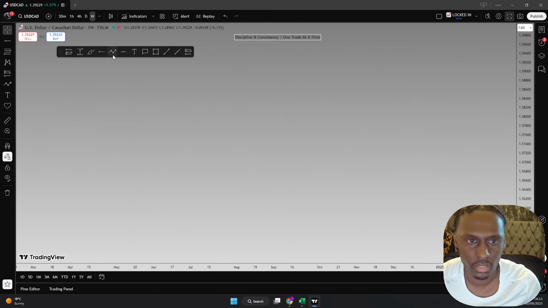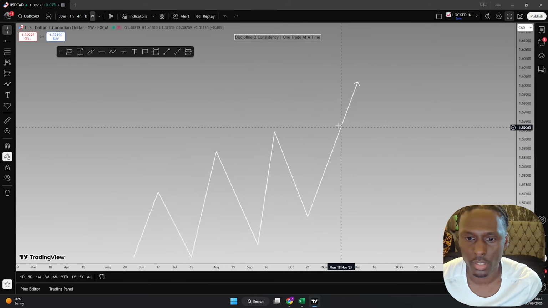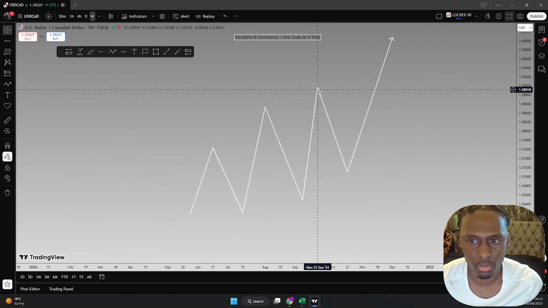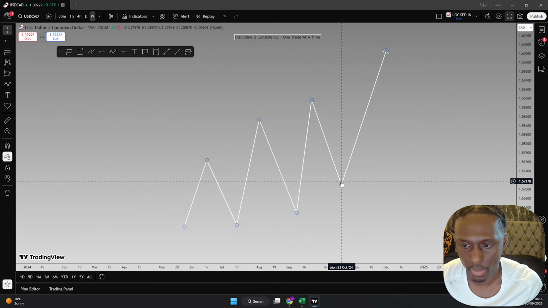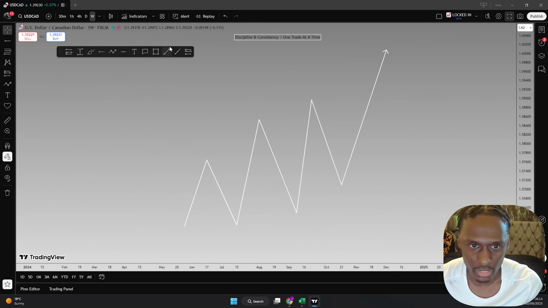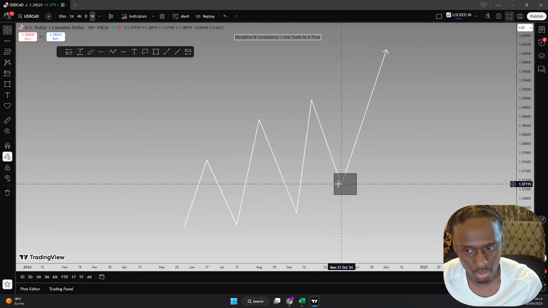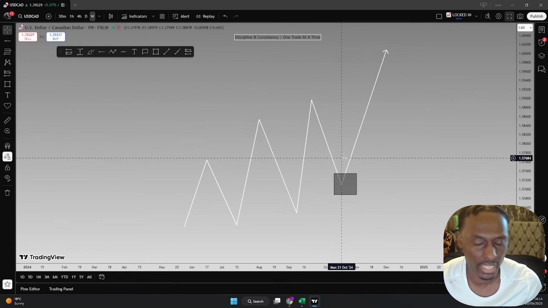When the market is in an uptrend, all I'm looking to do is benefit of the uptrend. Once price makes a higher and it pulls back, I'm looking to get in on this pullback. So essentially in this type of level here, you want to get in on the pullback. When it's an uptrend, you don't want to be buying high, you want to buy low. That's the aim of the game.